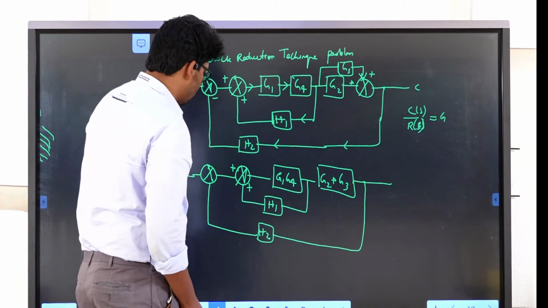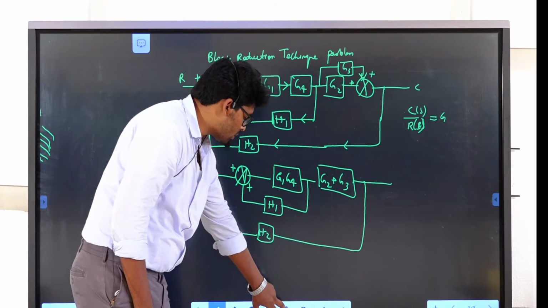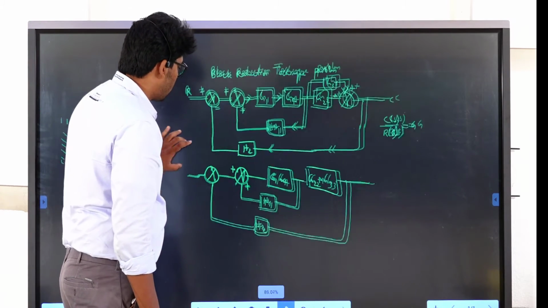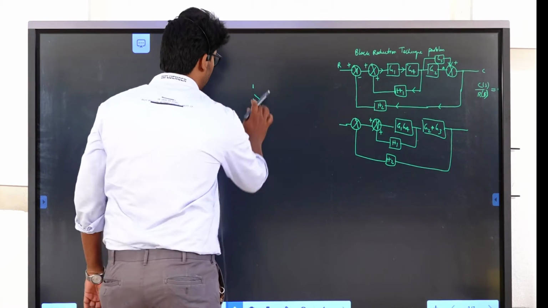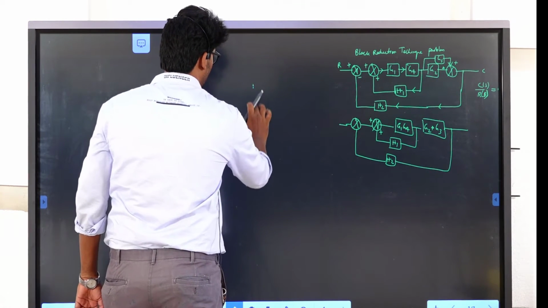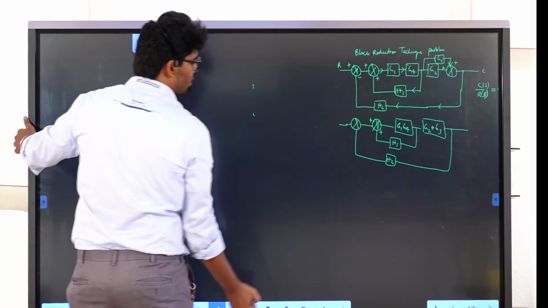My next task is this minor block: I want to reduce that minor block into one block. How will I do it? This is the fast feedback.